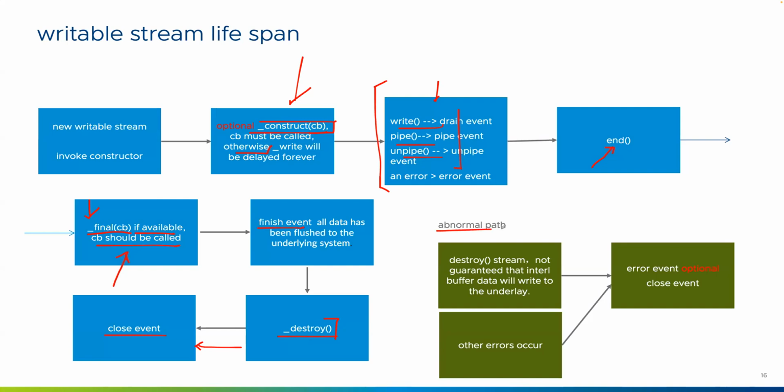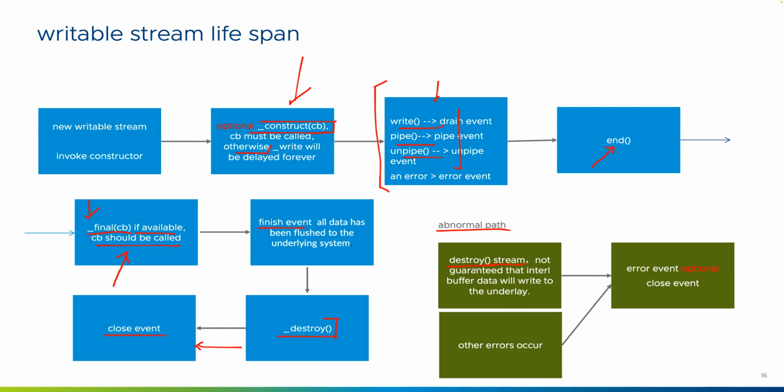Now if there is an abnormal stream with an abnormal path, for example, in the middle of the operation a destroy statement gets executed, and this method does not guarantee that internal buffer data will be written to the underlay.